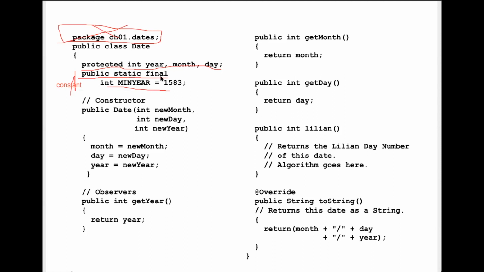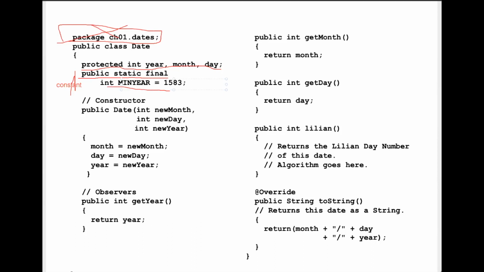Final means this cannot be modified. Int means that this is an integer data type, and this one has a value. Since you're initializing this constant with this value, this min year stays true throughout the entire life cycle of your code. That min year would also be available as soon as this class is instantiated.